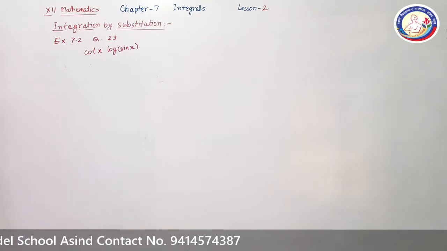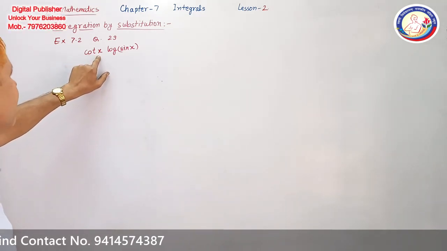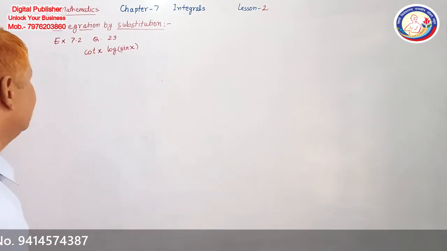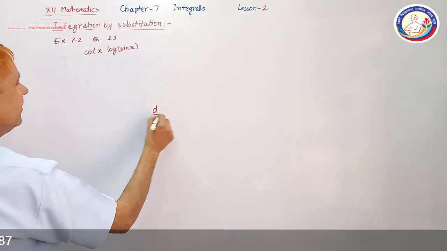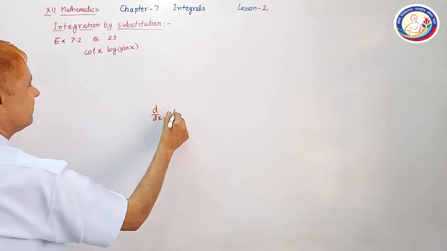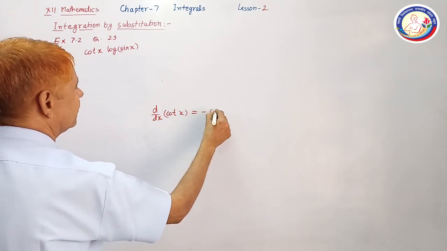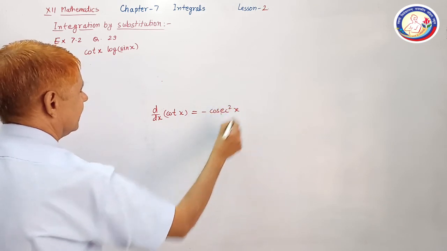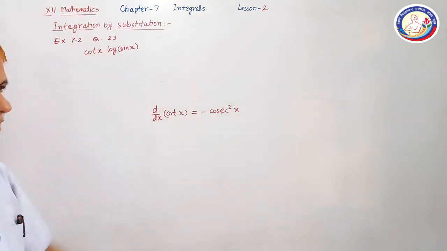We are having two functions here. The first function is cot x, and the second is log of sin x. If we differentiate cot x, our trial starts with this: the differentiation of cot x is minus cosec square x. Is this present here? No. So we will leave it.